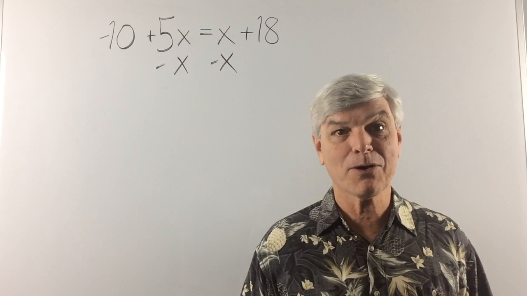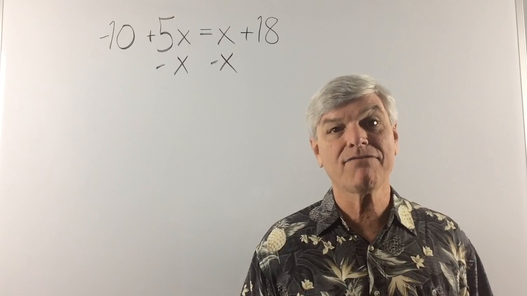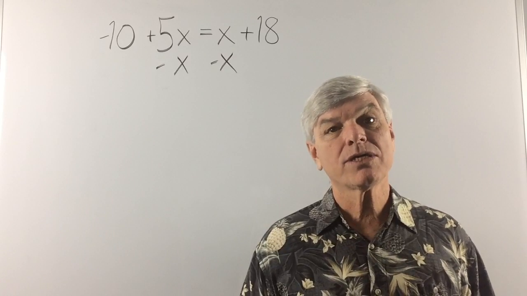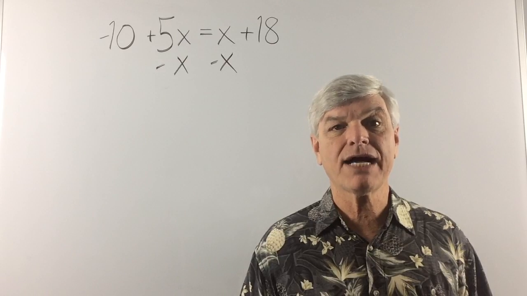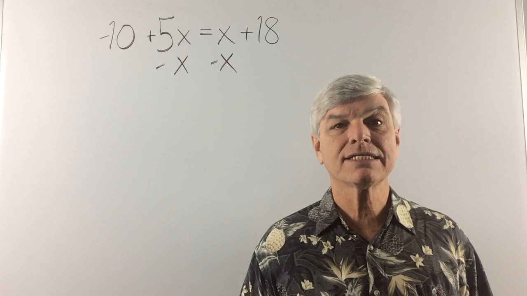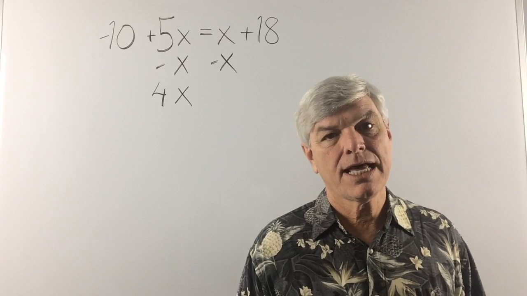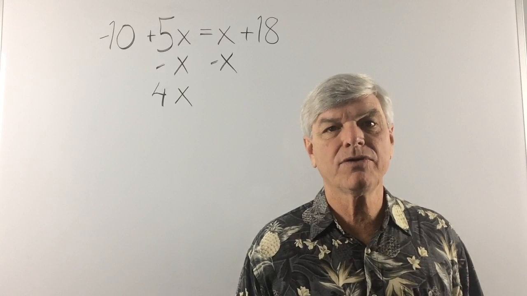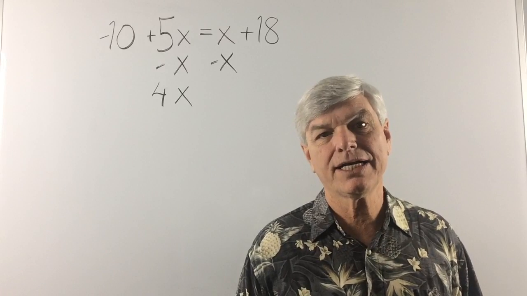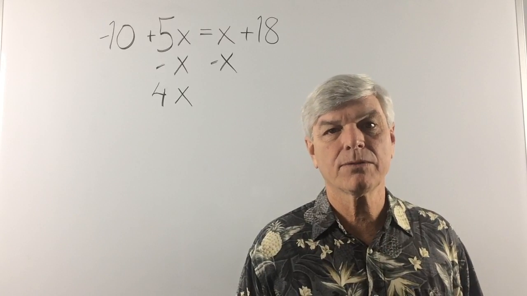It is not a 0. It has a value, and that value is 1. So x minus x is going to be 0, and 5x minus x is 4x. And I did what I told you I don't like to do, which is moving my variables first, but that's fine. You can move the units first or the variables first.